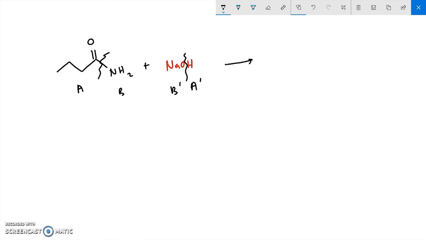So the end product should look like this. 4 carbon with the C double bond O is A combined with the B prime. So we get O and A as the attachment, plus the side product, H from the sodium hydroxide attached to the NH2 from the amide compound. So if we rewrite this again, you know that this is ammonia.